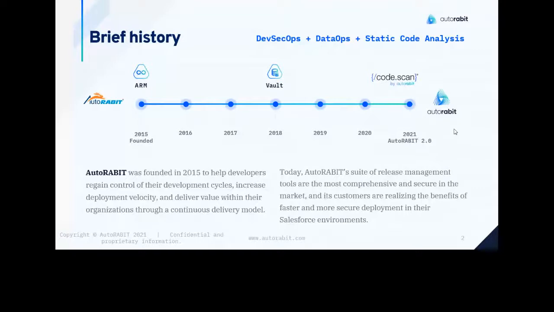In 2018, we thought of developing a new product, because there was a need in the Salesforce ecosystem. That was Vault, the backup and recovery management automation for Salesforce and its ISVs. There is still a very big market for Vault backup and recovery management.